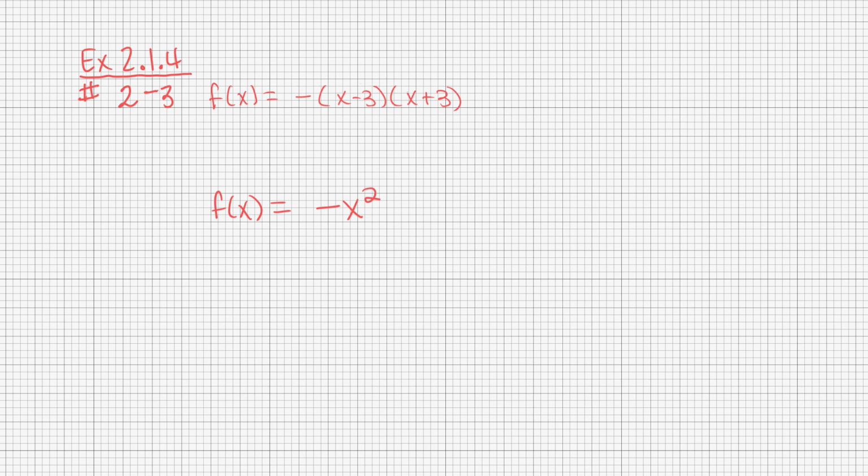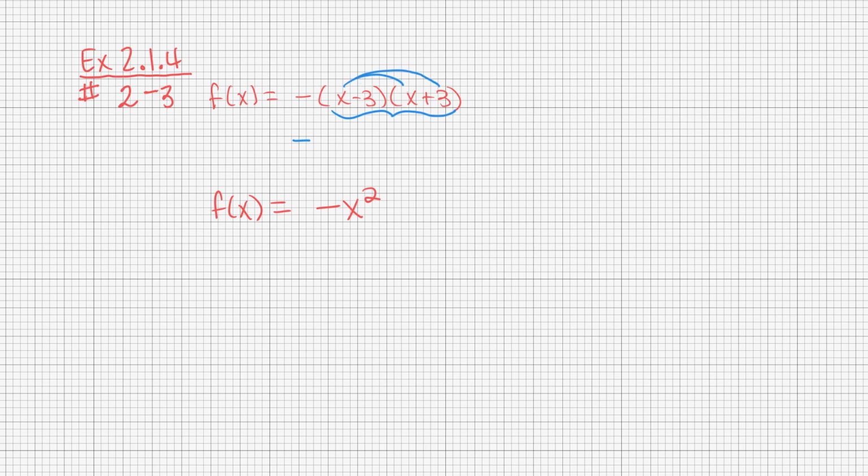I got negative x squared plus 6x plus 9. Okay. Yeah. Okay, so let's work this out. We got some differing opinions here. So let's start by just multiplying those parentheses together. So I'm going to put the negative on the outside. What is x minus 3 times x plus 3?